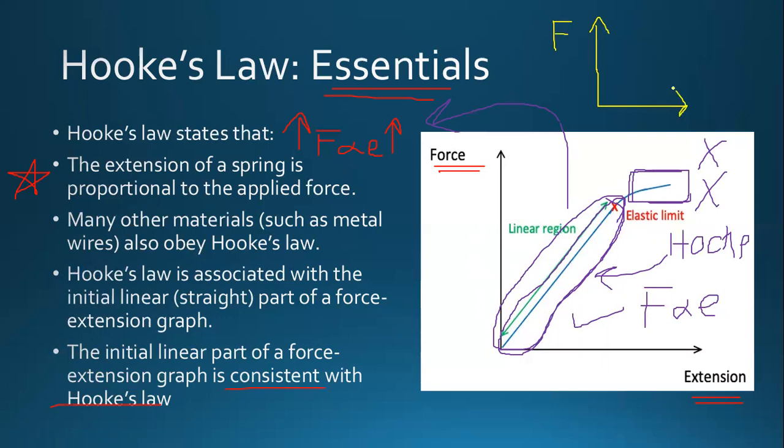When we draw a graph of force against extension, it would always be a straight line. That means Hooke's law is being obeyed. But if I draw another force extension graph as a curve, this is not obeying Hooke's law. This is against Hooke's law, because Hooke's law says that force is directly proportional to extension.